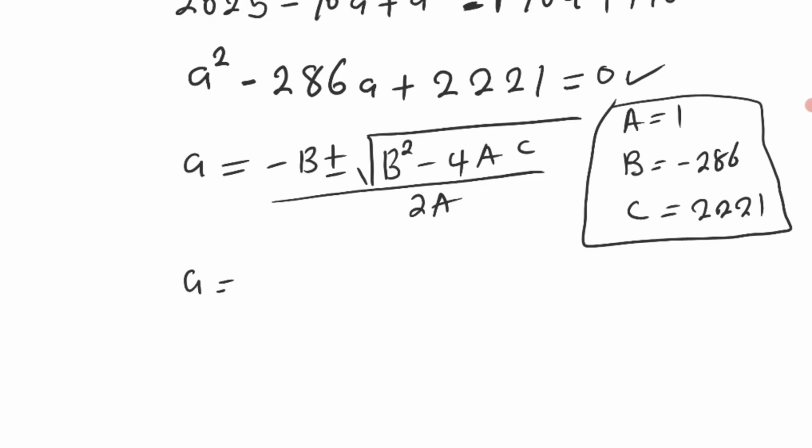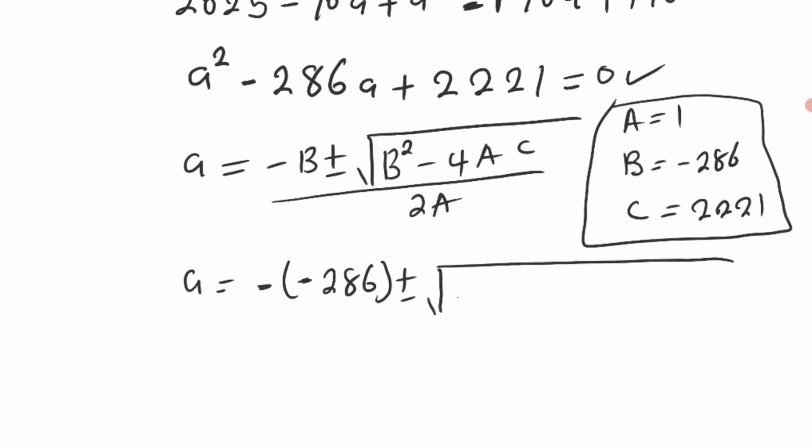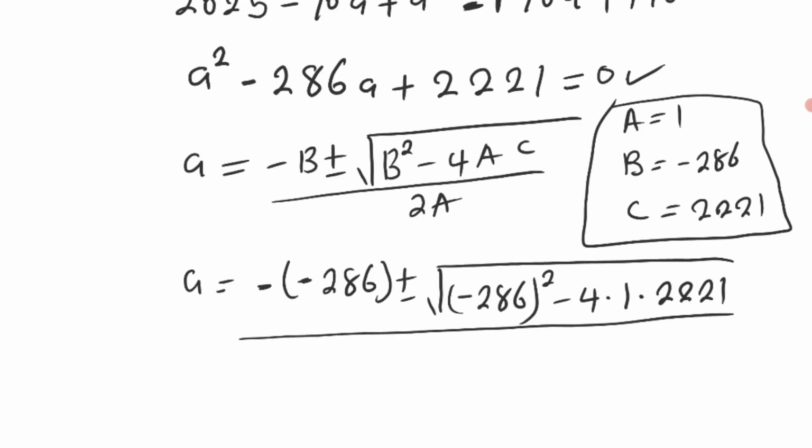A is equal to minus bracket minus 286 plus or minus square root of, then minus 286 all square minus 4 multiplied by 1 multiplied by 2221 over 2 multiplied by 1.